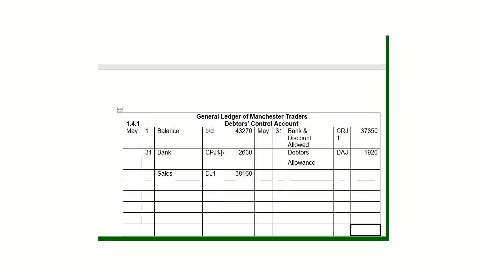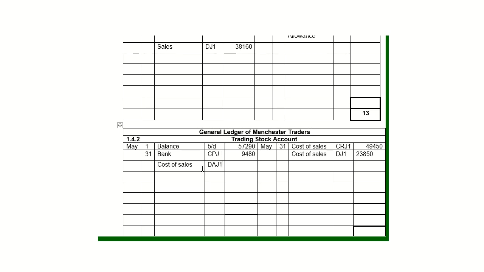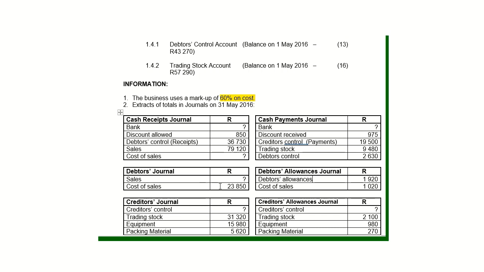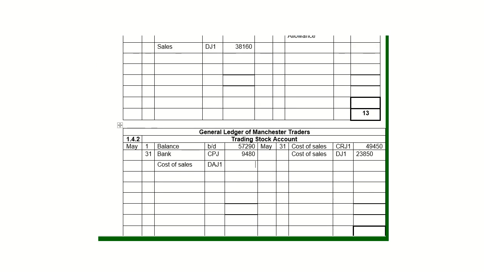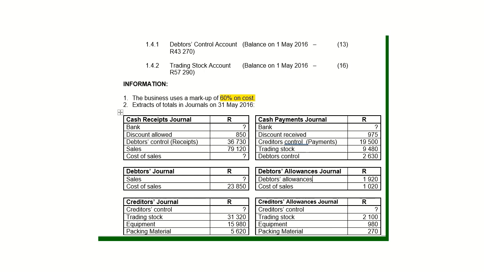So go to trading stock on the debit side, opposite account cost of sales coming from my DAJ, and the amount cost of sales 1020. So I've done the DAJ.